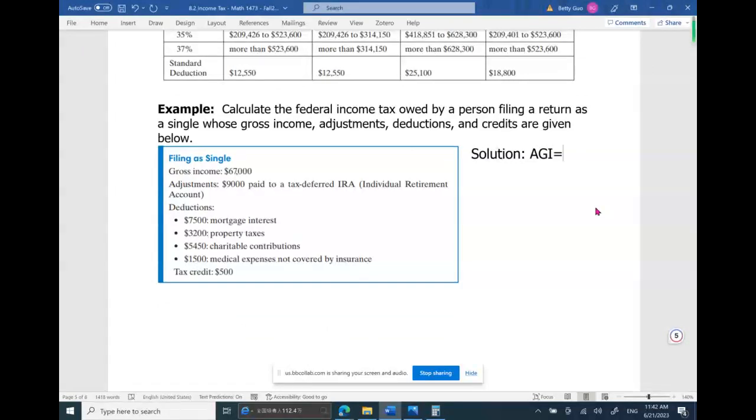AGI is gross income minus adjustments. And the adjustment is given as well, right? Adjustments, $9,000 paid to a tax-deferred IRA, individual retirement account.